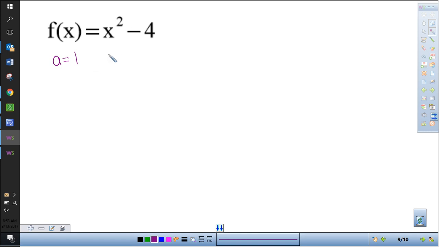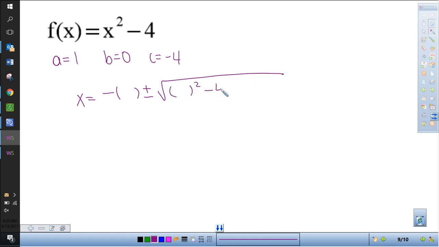I don't have a linear x term, so my b is 0, and then my c is -4. So I'm going to get x equals -b plus or minus the square root of b squared minus 4ac all over 2a. And so my b is 0, my a is 1, and my c is -4.